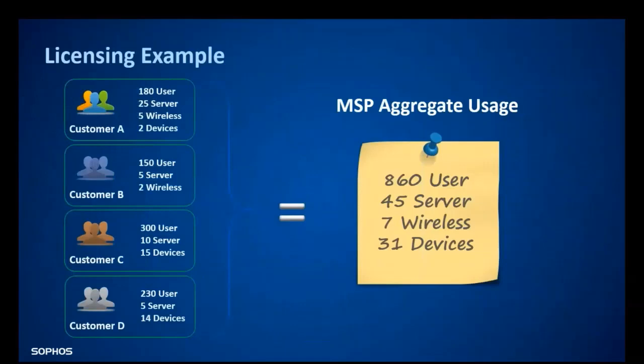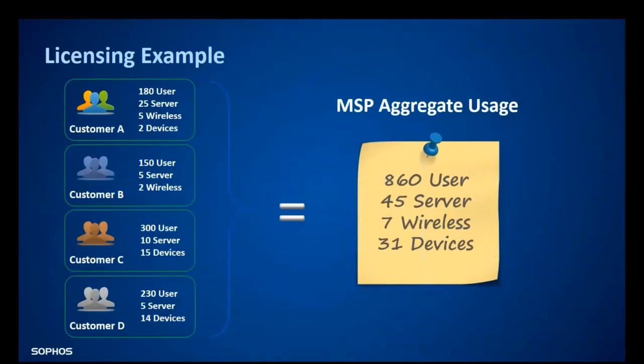And the advantage then comes is that the more you sell as a partner, we will aggregate your licenses. So if you look at this example, let's say you have a customer A with 180 users. These 180 users may be 100 of endpoint, 50 of mobile, and 30 of encryption.